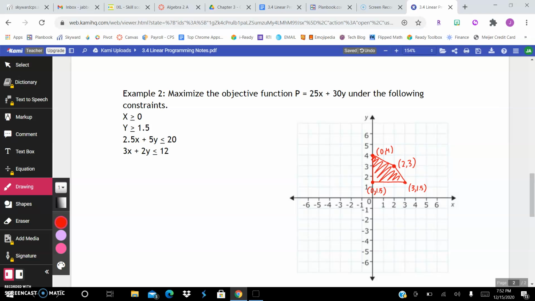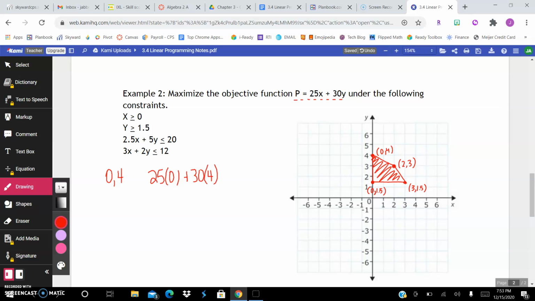And now our objective function they gave us is 25x plus 30y. So what we're going to do is plug in each of these ordered pairs. The first one is 0, 4. I'm going to plug in 0 for x and 4 for y. So I'm going to have 25 times 0 plus 30 times 4.